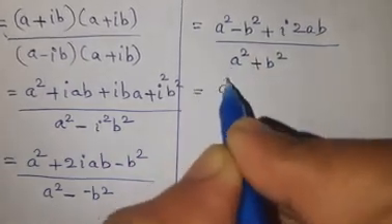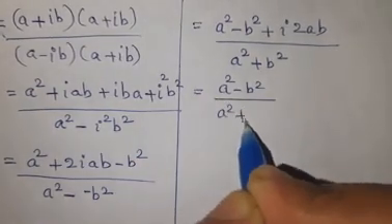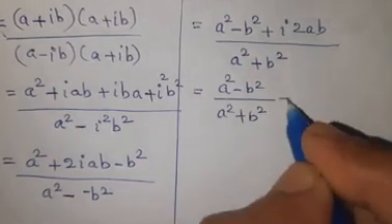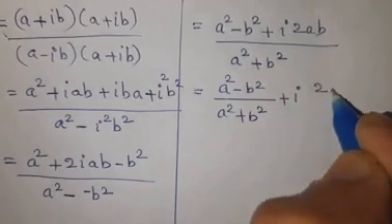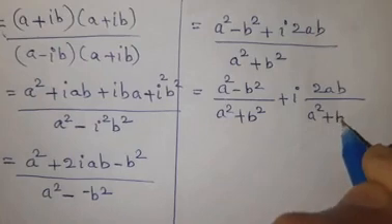Therefore, (a square minus b square) by (a square plus b square), real part separated, plus i into 2ab by (a square plus b square).